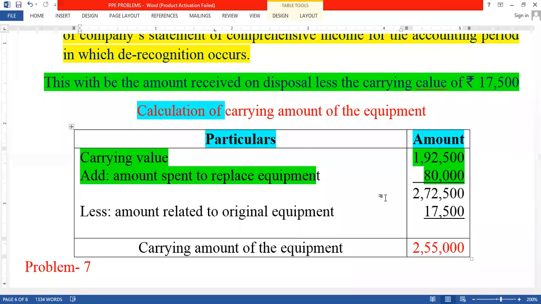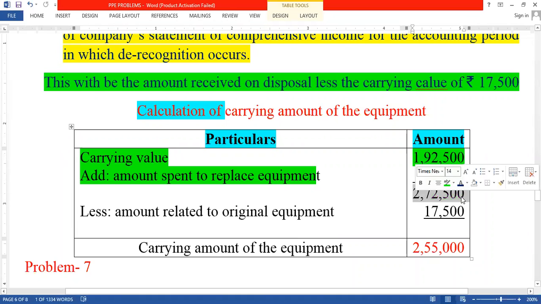1,92,500 plus 80,000, we get 2,72,500. After this, the 17,500 is not a carrying value calculation amount. It is considered in the comprehensive income statement.